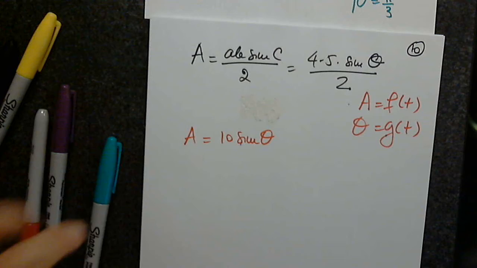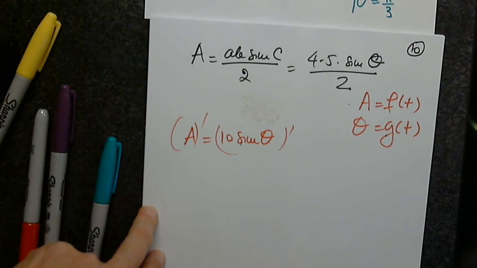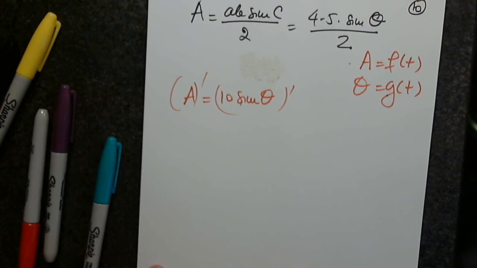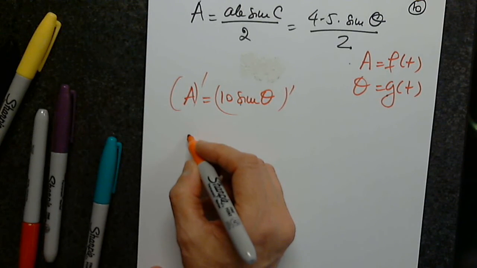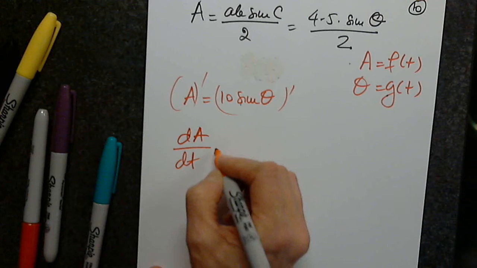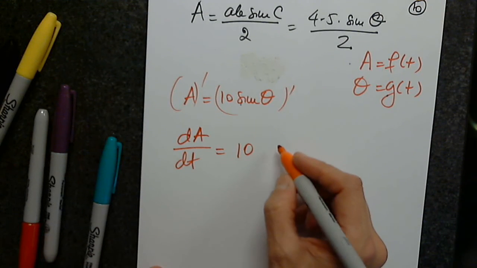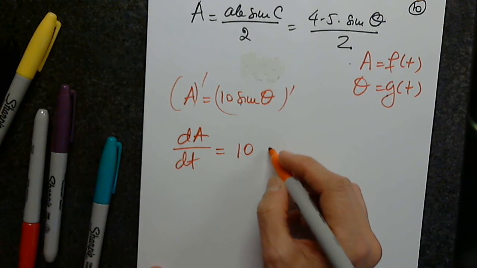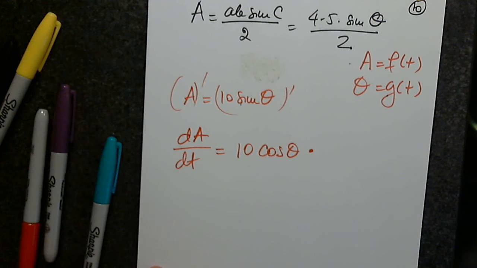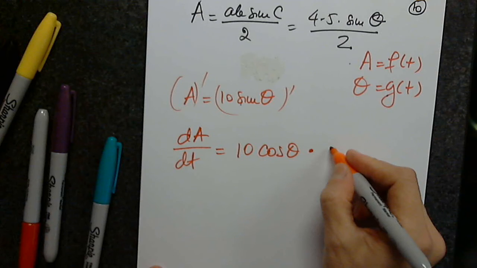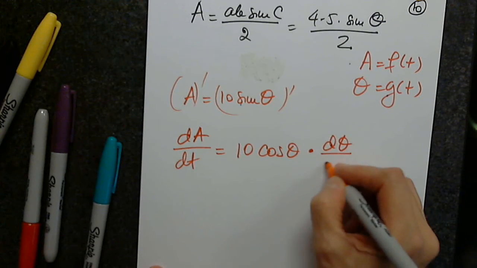So let's differentiate implicitly. The left-hand side is dA over dt, and the right-hand side is 10 cosine theta times d theta over dt.